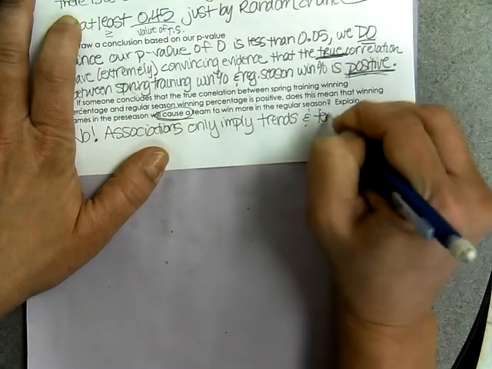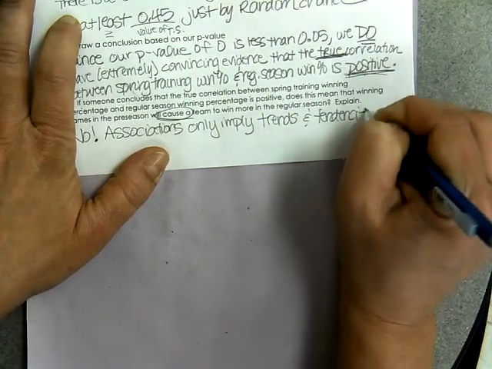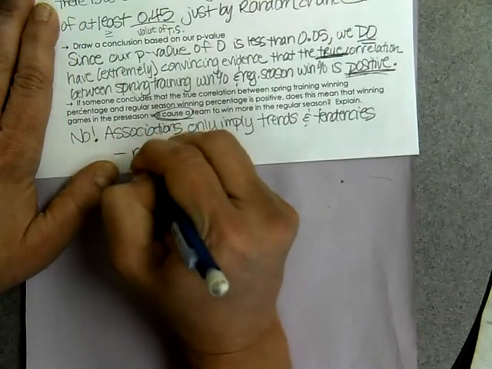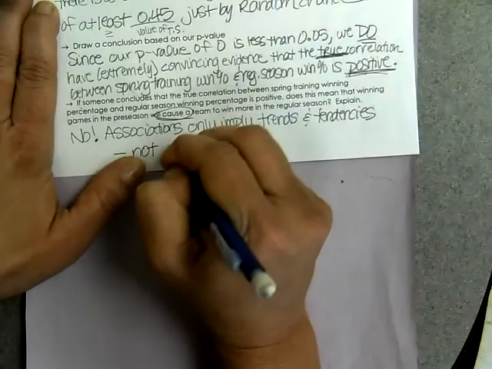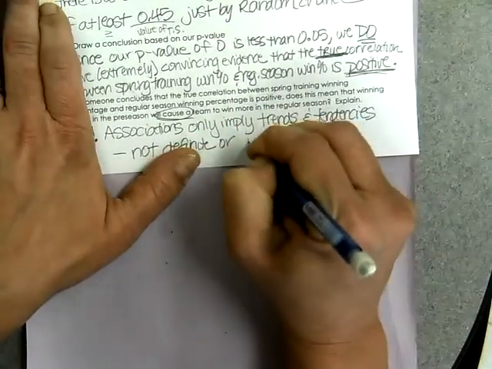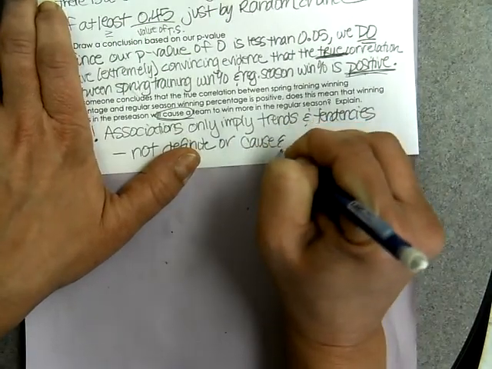So yes, we would expect a team that won more in the preseason to win more in the regular season, but we cannot say for sure. So these are not definite or cause and effect relationships.